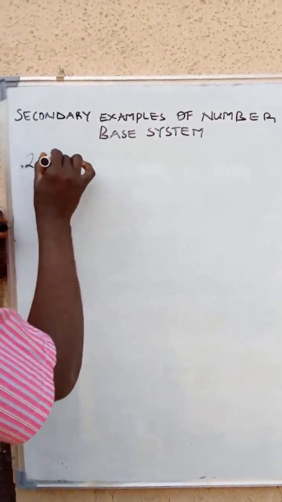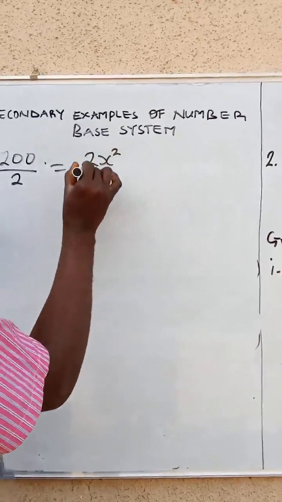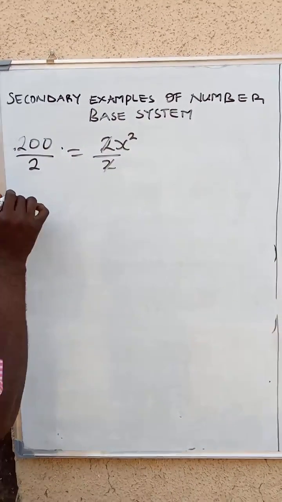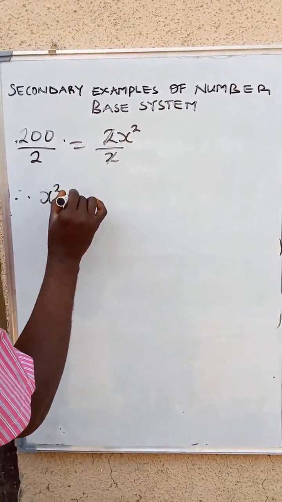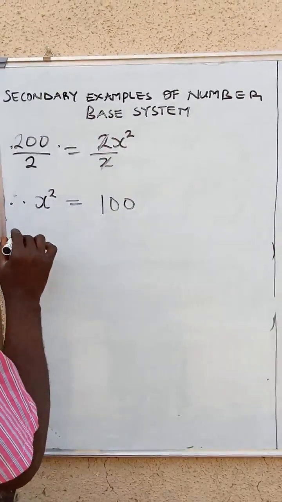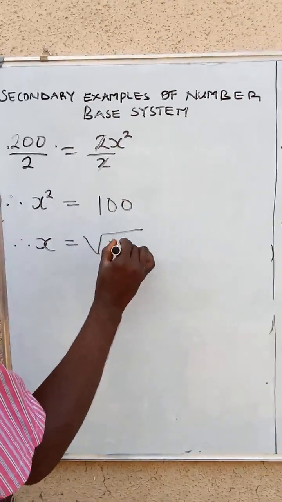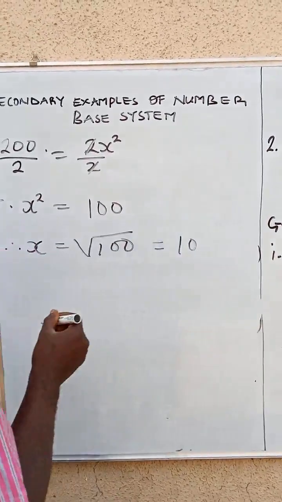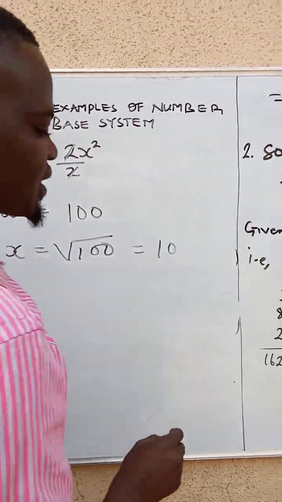I have 200 over 2 is equal to 2x squared over 2. When this leaves, therefore x squared is equal to 100. Then x is equal to root 100. And root 100 is what? 10 times 10 will give you 100. So x is 10. That's about that. Last example.